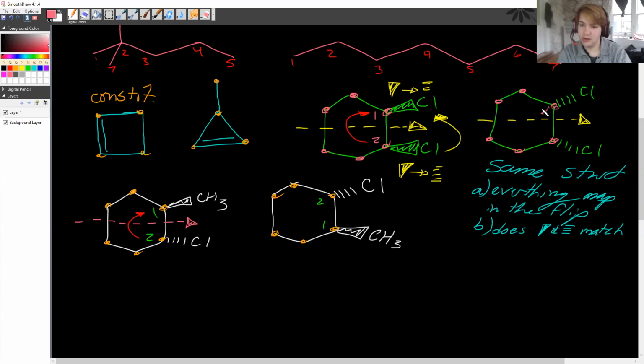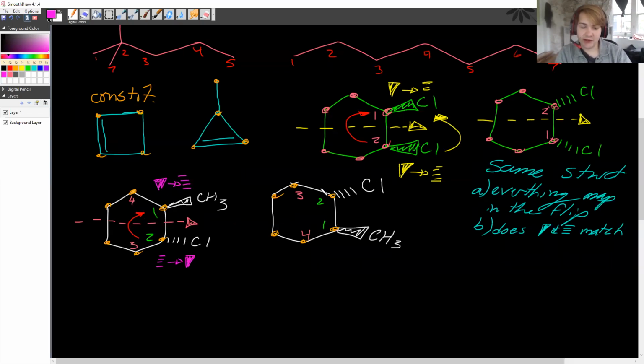So when I flip, I change the position. If this was 3 and 4, this should now be 3 and 4 up here. So we're changing the position of everything. And likewise, we said that we have to check the wedging and dashing. So I expect this dash to turn into a wedge, and I expect this wedge to turn into a dash.